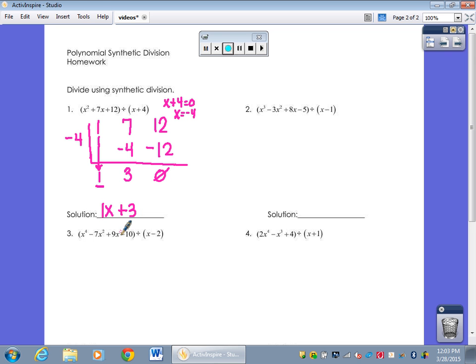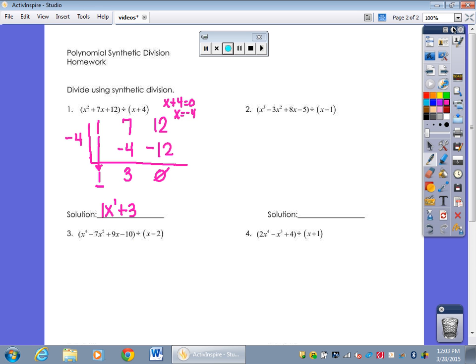So if this was a first degree, this would be 0 degree. Now those two 1s are not necessary, so we don't actually write them, okay? But they came from, because this was a second degree on the top, this is first degree for the answer, and the coefficient is the one that's here, and then plus 3 would be the next term, and there is no remainder, so this just becomes x plus 3.